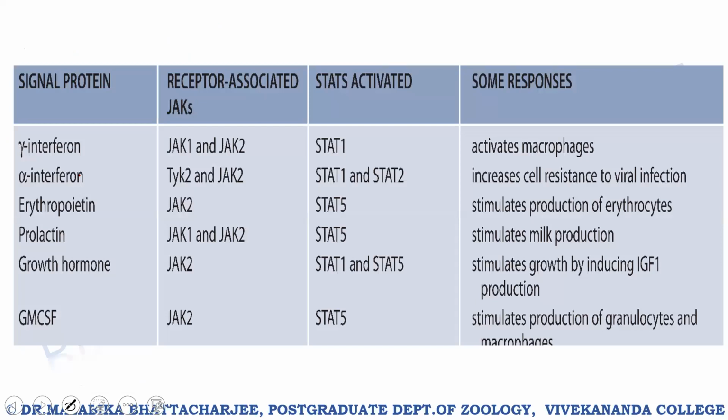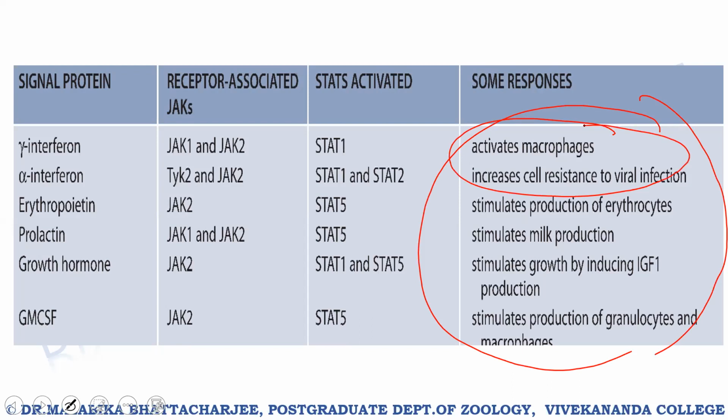And these are some of the signal proteins that act via the STAT receptor: the interferons, erythropoietin, prolactin, growth hormone. And these are some of the physiological responses that are generated, since the cytokines basically act through these receptors. So it plays a big role in the immune system when interferons are the stimuli.